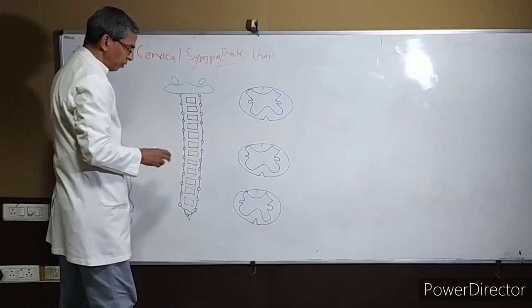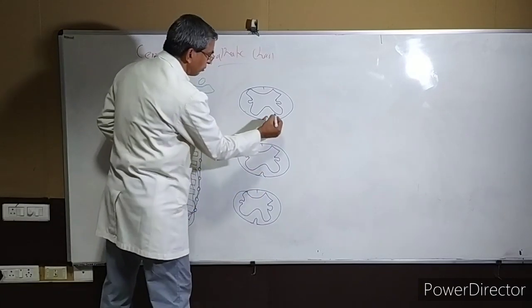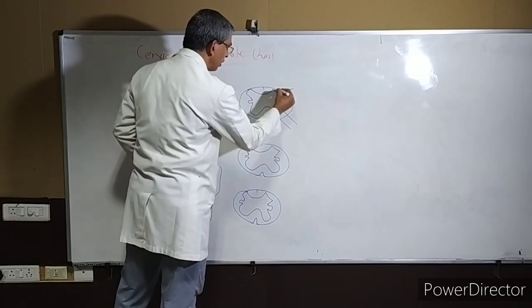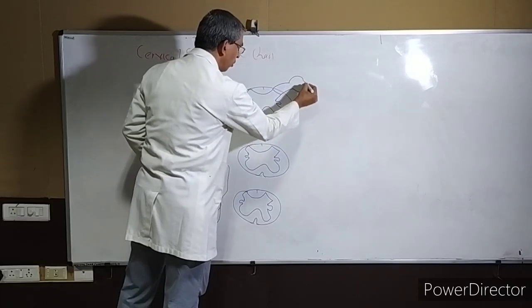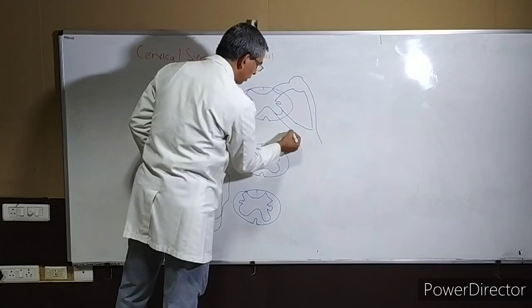What happens now in the lateral horn? Look here. This is the ventral nerve root, this is the dorsal nerve root, and this is the dorsal root ganglion. Both roots unite to form one spinal nerve.